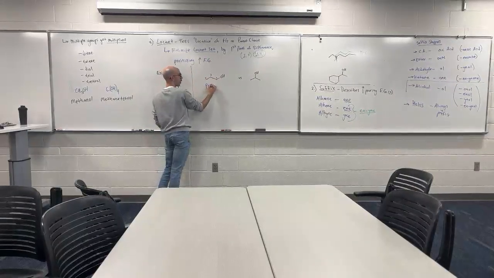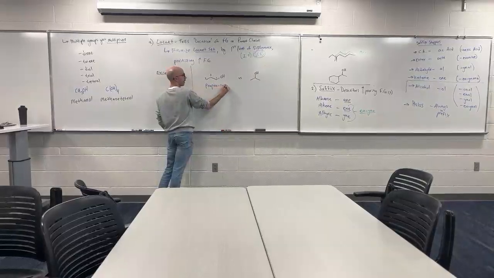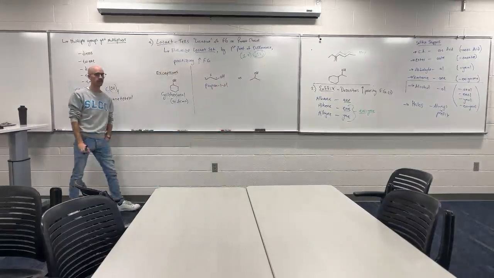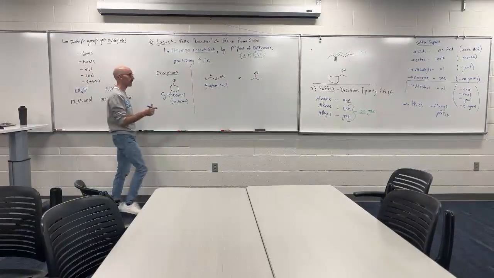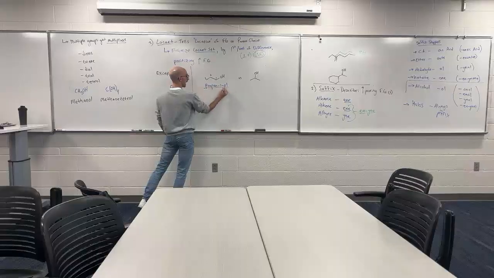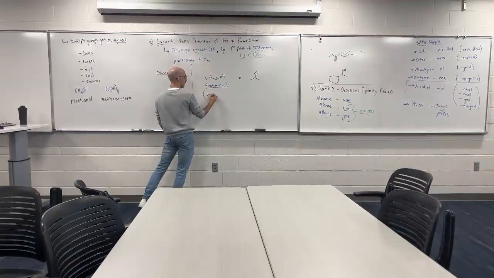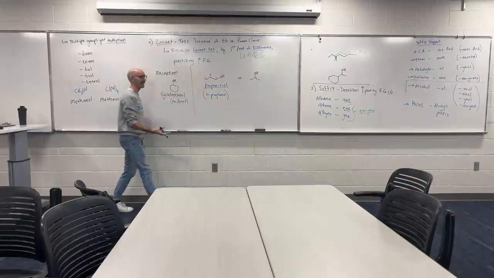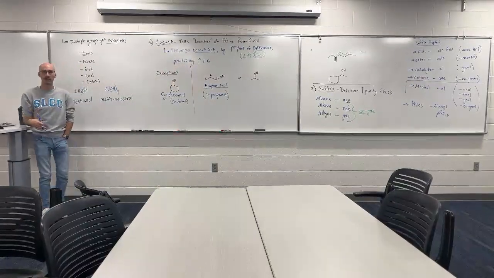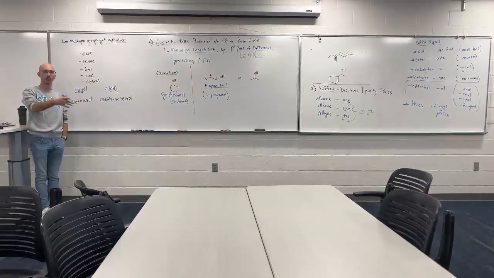So I get propan-1-ol, telling me that my alcohol is on the first carbon of the 3-carbon chain. But to be fair, this is what IUPAC asks for, and many people take that locant and they bring it out front of the whole thing, and they say 1-propanol.